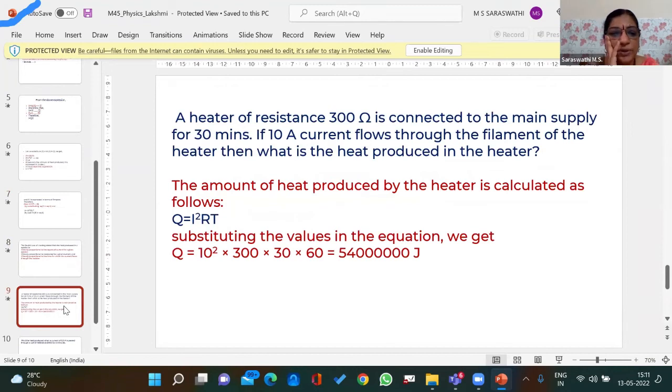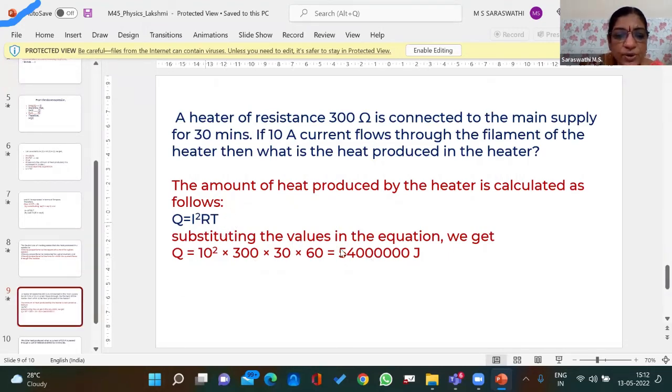So this is the problem. Can you do it? A heater of resistance 300 ohms is connected to a main supply for 30 minutes. If 10 amps of current flows through the filament of the heater, then what is the heat produced in the heater? So H is equal to I squared R into T. Substitute. You can express the heat generated.